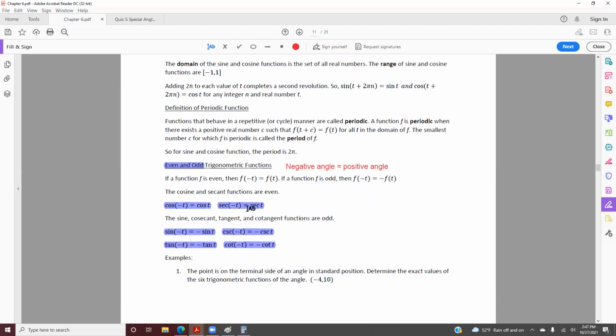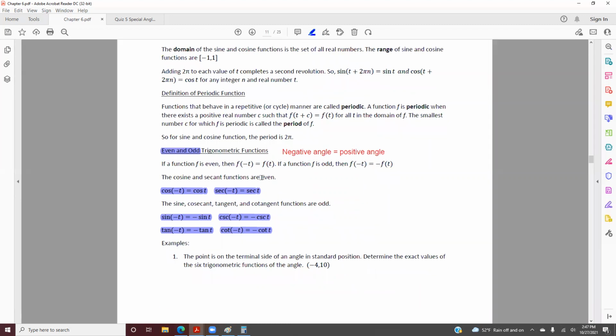Cosine and secant are what we call even functions. What is an even function? When you put the negative angle, cosine of negative t, that negative disappears. You get cosine t. Same thing with secant. Sine, tangent, cosecant, and cotangent are called odd functions. The meaning of an odd function is that when you have sine of negative t, the negative moves to the front, becoming negative sine t. Same thing with cosecant, cotangent, and tangent.